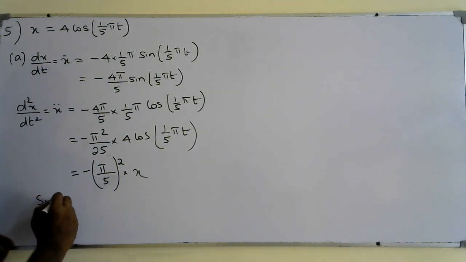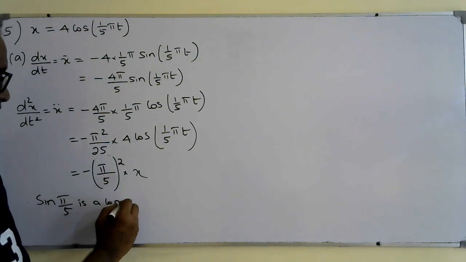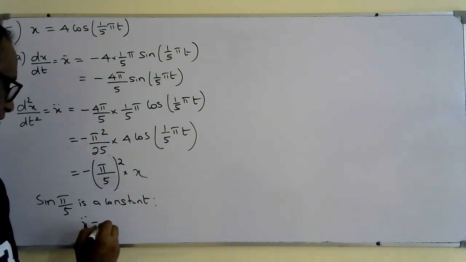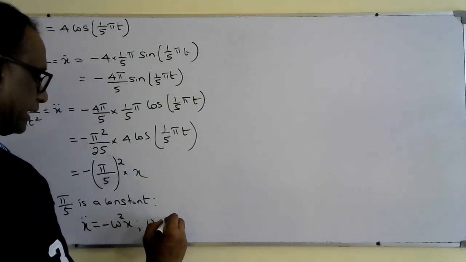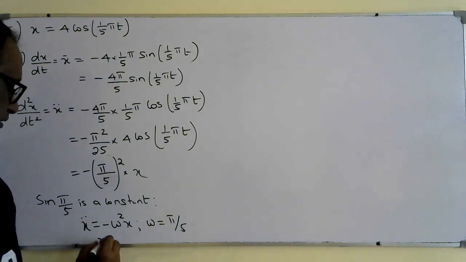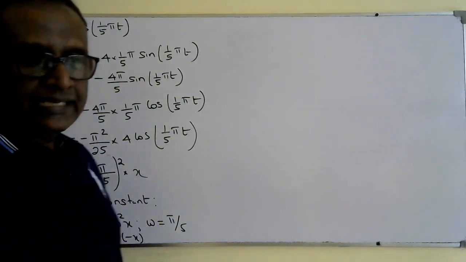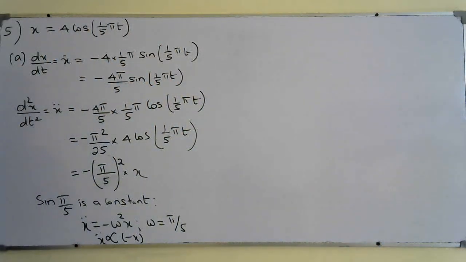Since pi over 5 is a constant, it's in the form x double dot equals minus omega squared x, where omega equals pi by 5. So x double dot is directly proportional to minus x. Therefore, it is simple harmonic motion. That's what you have to conclude finally: x double dot, that is acceleration, is directly proportional to negative x.